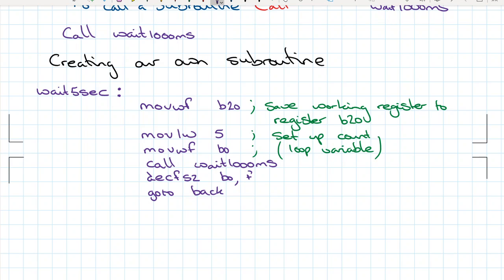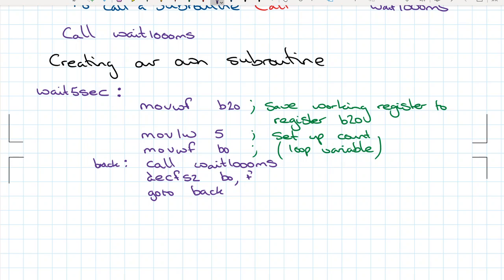If we've not done this 5 times to create our 5-second delay, then I'm going to tell it to go back to this point here, and if it has, then I can carry on with the rest of the program.